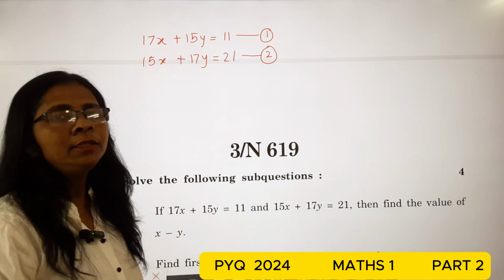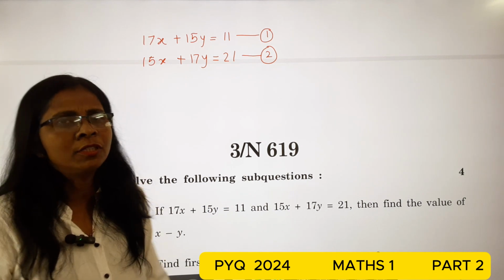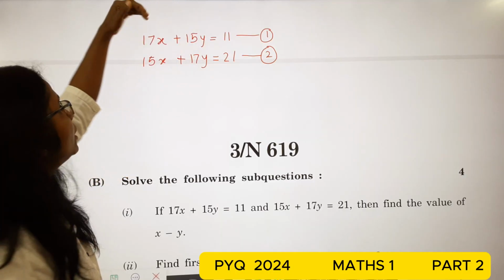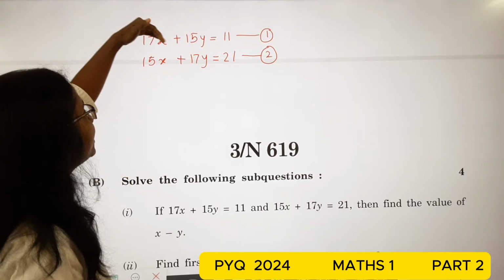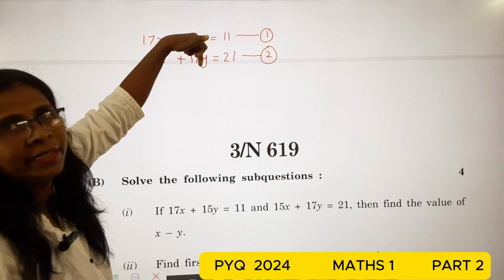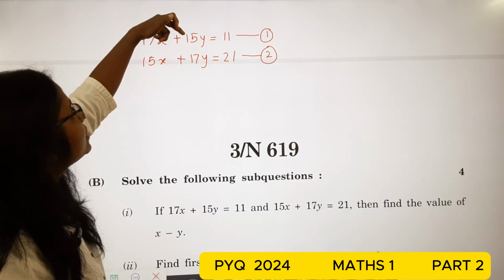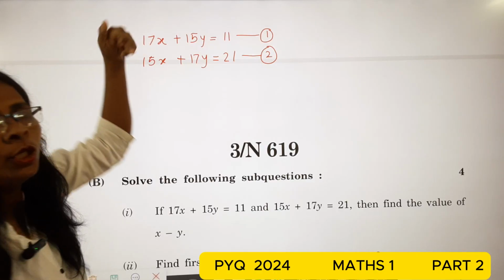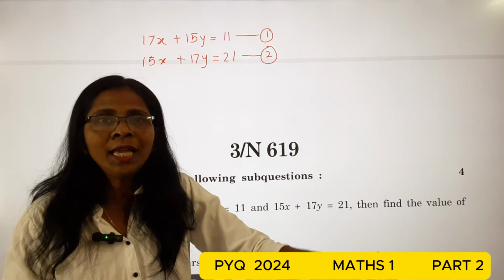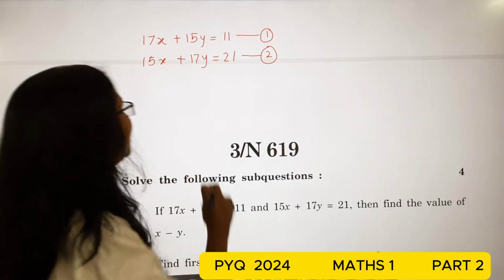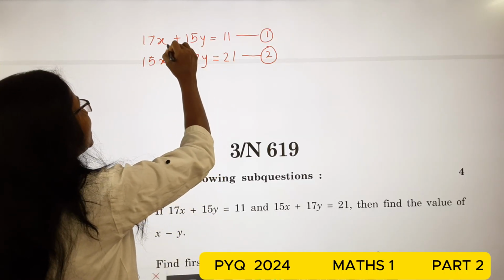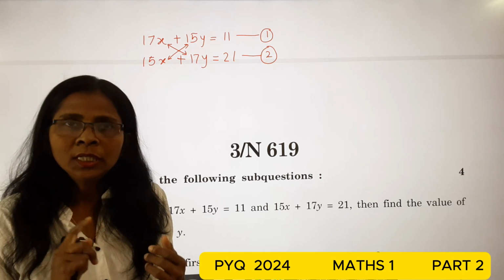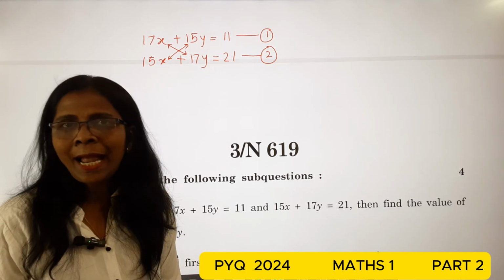If you write the two equations in such a form, then you can realize that the coefficient of x is 17 here and the coefficient of y is 17 in the second equation. In the first equation, the coefficient of y is 15 and in the second equation the coefficient of x is 15. So there is a cross change in their coefficients. Okay, so now in such a case you have to subtract or add here.